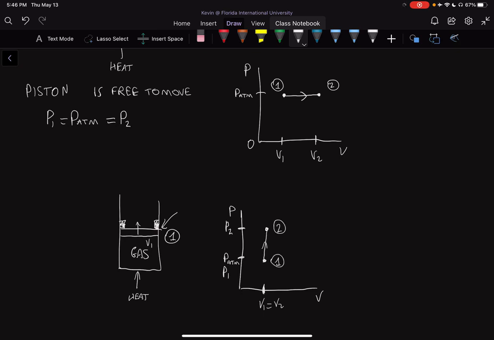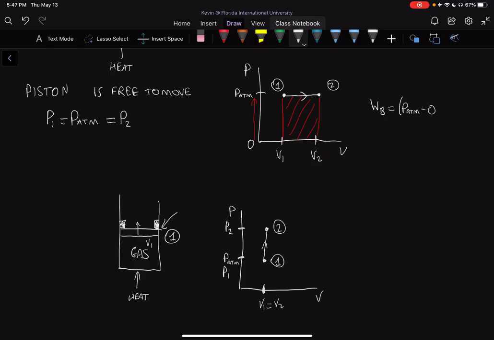Now, what I would like you to do as an exercise is to try and figure out what the work boundary would be. So remember, work boundary is the area under the curve. So it's this area right here, the area between these two bounds. So work boundary is equal to the area under the curve. So we know that this pressure changes from P atmosphere minus 0. So we can write the pressure difference is P atmosphere minus 0.